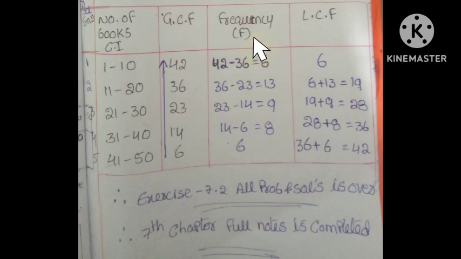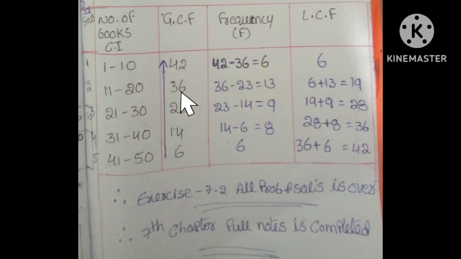Next, how to calculate the frequency and LCF. How will you calculate the frequency? GCF means adding up the frequencies upwards from the last class to the specified class. So upwards, 42 minus 36 equals 6.